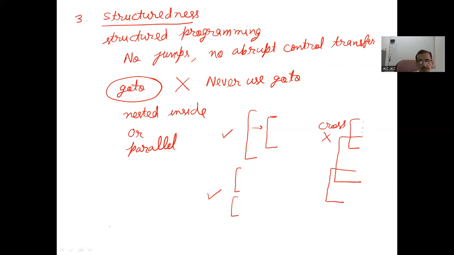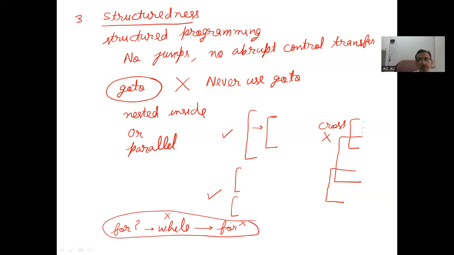Similarly, wherever you should use a for loop, using a while at that place is not so good a choice. Wherever a while was to be used, using a for there is also not a good choice. All this becomes a better way of readability as well as good programming principles.